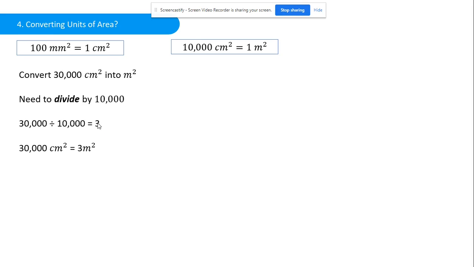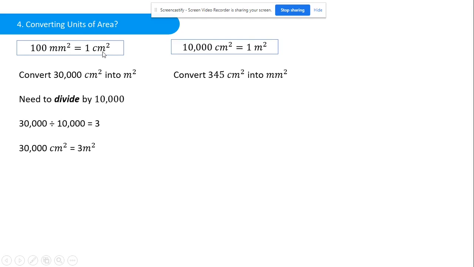Therefore, 30,000 centimeters squared is the same as 3 meters squared. Now let's try and convert 345 centimeters squared into millimeters squared. We know that 1 centimeter squared is the same as 100 millimeters squared.